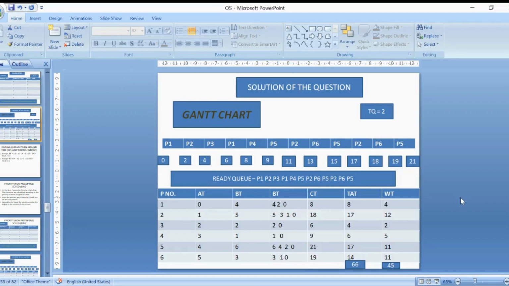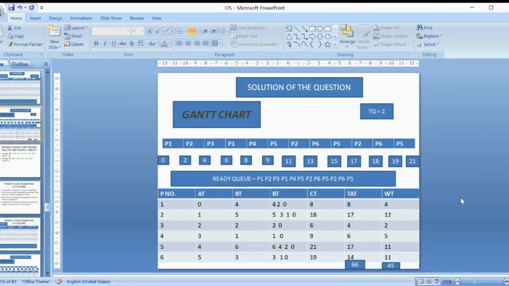After that, we will execute P1 since P1 has 2 burst time and time quantum is 2. So we are not required to write in ready queue. So now the Gantt chart becomes 8. Now we will execute P4 since P4 has 1 burst time and the time quantum is 2. So it will execute its 1 burst time.